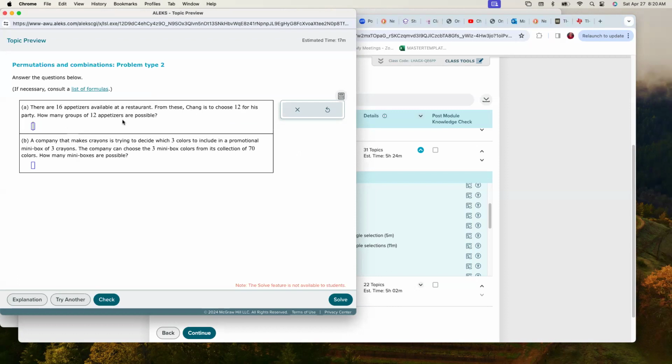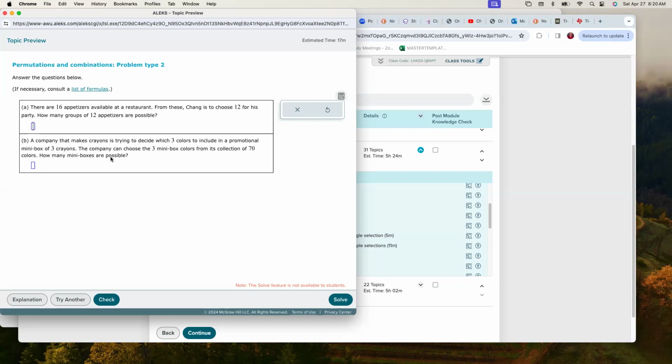How many are possible here? Does order really matter when you're having appetizers? And again, it says a company has 3 colors to include in its promotional mini box of 3 crayons. It says the company can choose 3 mini box colors from its collection of 70. How many mini boxes are possible?